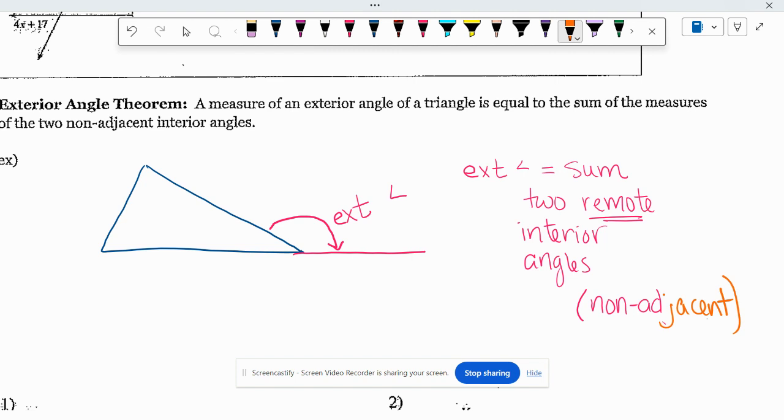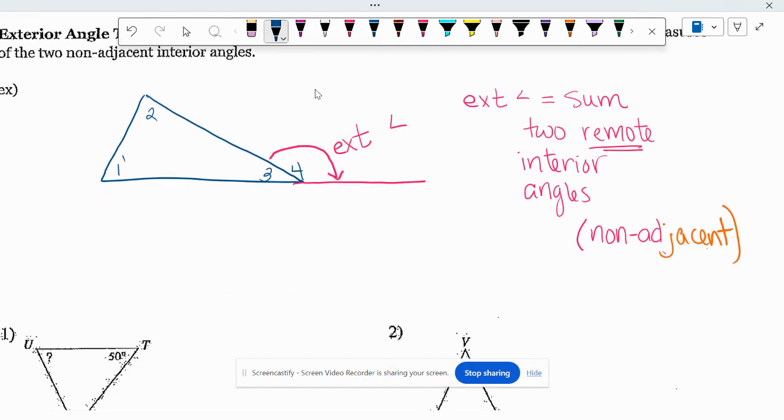Non-adjacent. So if I were to number these 1, 2, 3, and 4, number 4 is the exterior angle. What are the two angles that aren't next to angle 4? They don't touch angle 4 at all. Angle 1 and angle 2. So angle 1 and angle 2 are the remote interiors.